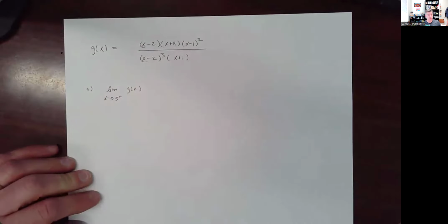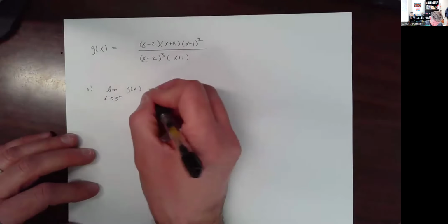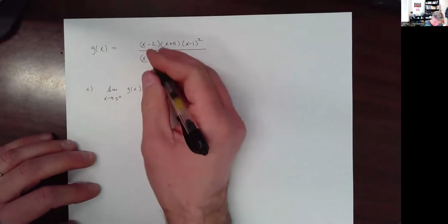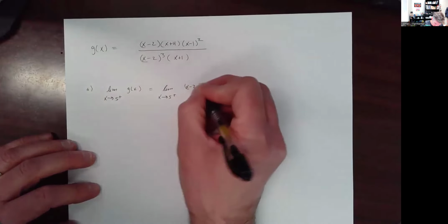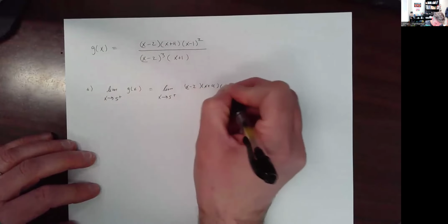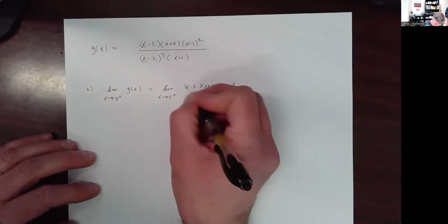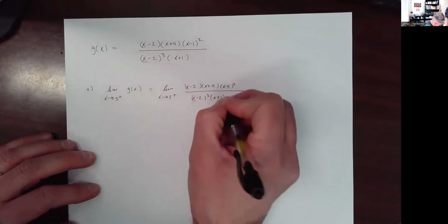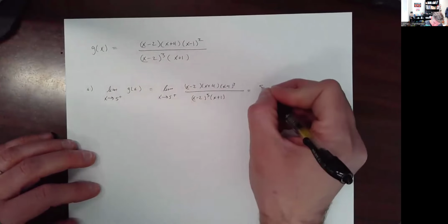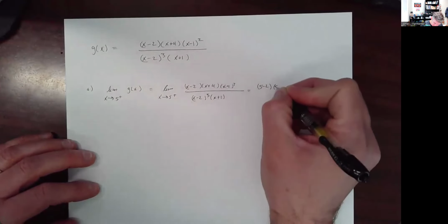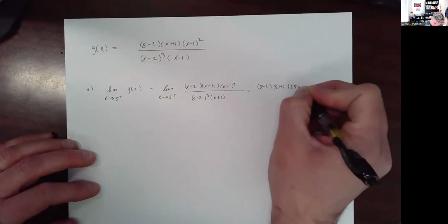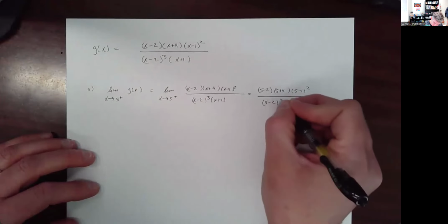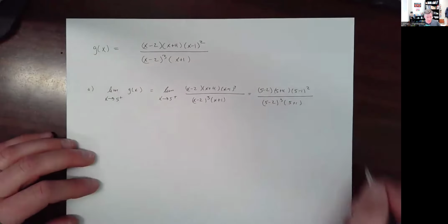And the first thing you should do is just plug it in. The limit as x approaches 5 from the right of g of x. It's probably going to turn out to be not very nice, so let's move this up. Plug in 5, I'm going to get 5 minus 2 times 5 plus 4 times 5 minus 1 squared over 5 minus 2 cubed times 5 plus 1. That's going to be some number.